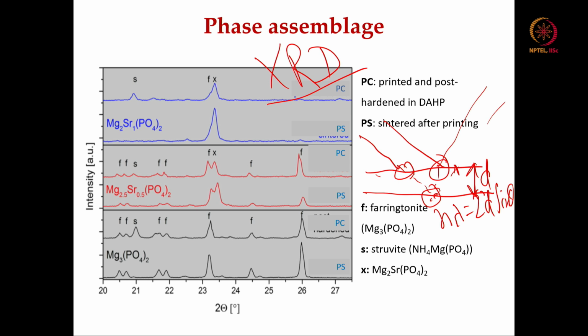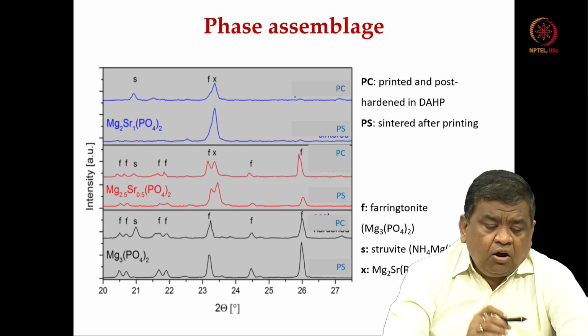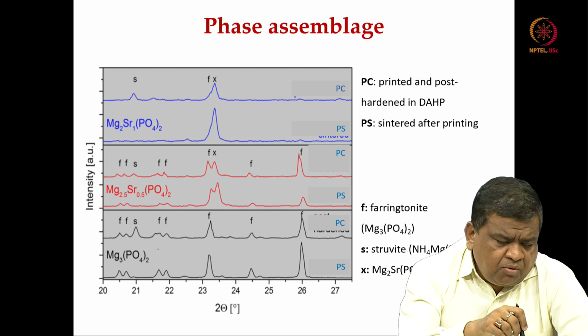So, it is a coherent interference, and that is used to analyze the material structure. And what you see here is that in this particular case we are using strontium doped magnesium phosphate.